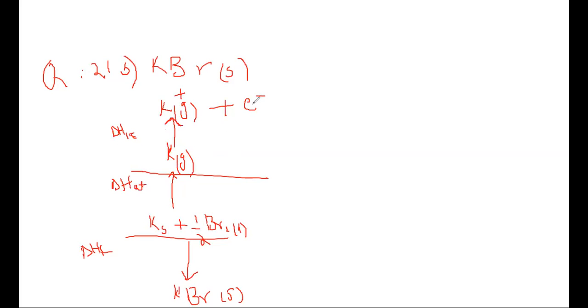Next, we have bromine. What will happen with the bromine here? This bromine is in a molecular form, so first we have to convert it into its gaseous atom, then we are going to change it into its ion. So here I am writing the bromine molecule.